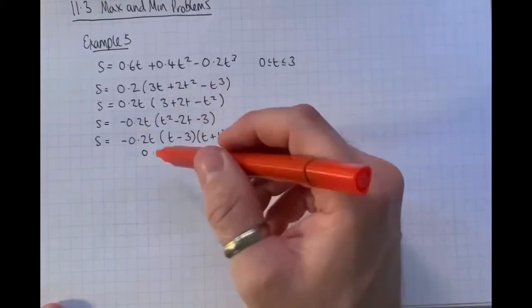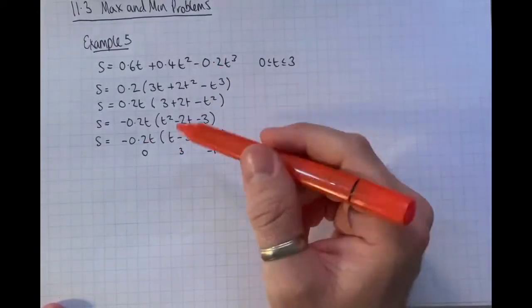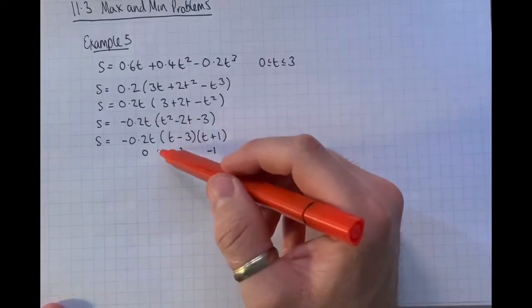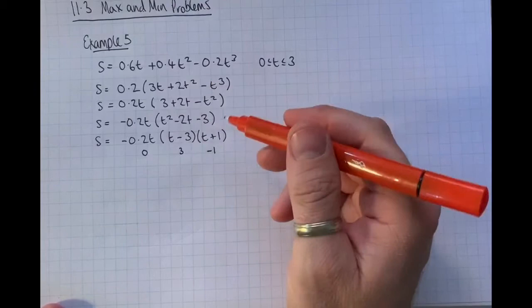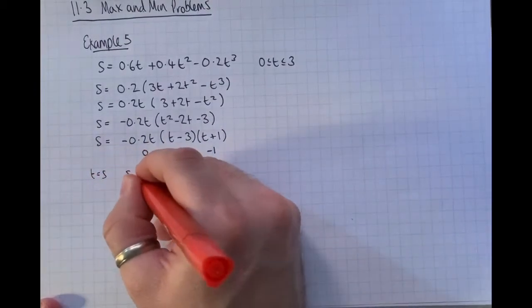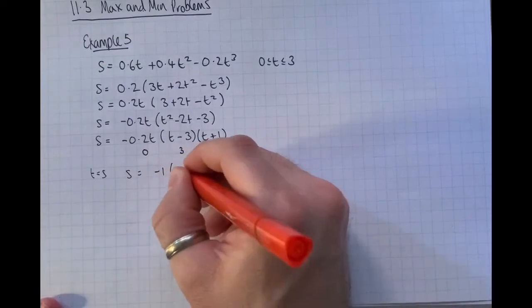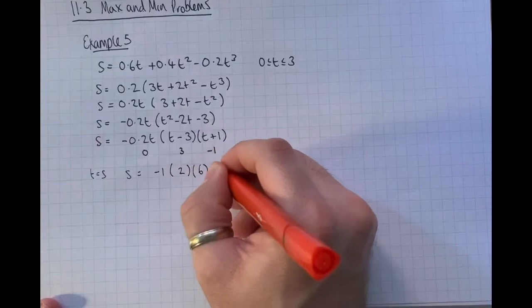We need to determine, for a cubic graph, whether it goes to heaven or hell. You can do this by looking at what happens when t is really big, or at a value that's bigger than 3. So let's look at what happens when t equals 5. When t equals 5, s equals minus 1 times 2 times 6, which is minus 12.